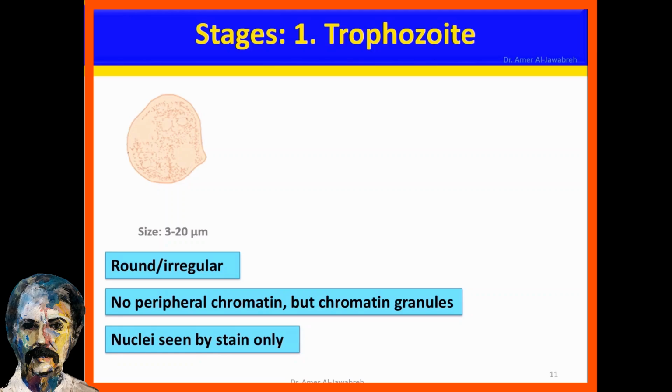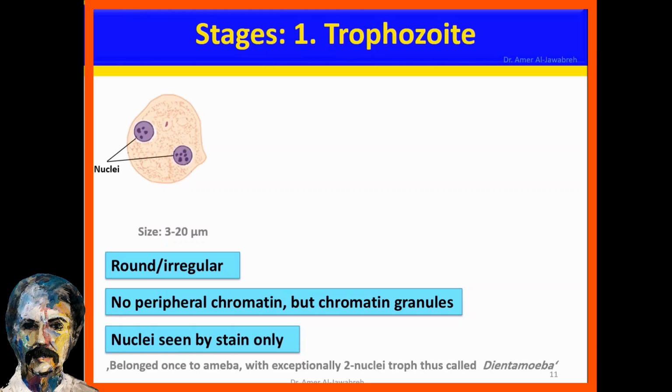It doesn't have any peripheral chromatin, but it has them in the form of granules. Nuclei are seen by stain only, and this is the case for almost all parasites. In a wet mount with saline, it is difficult to see the nucleus because the nucleus is mostly DNA, and DNA is colorless. The nuclei are seen by stain only. Look here, it has 2 nuclei. We don't have a karyosome, we have granules.